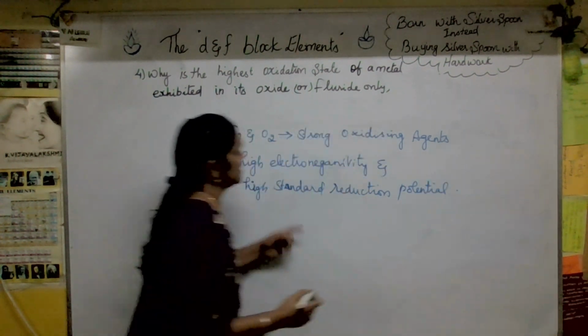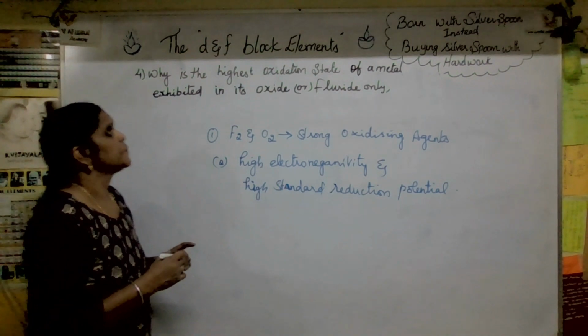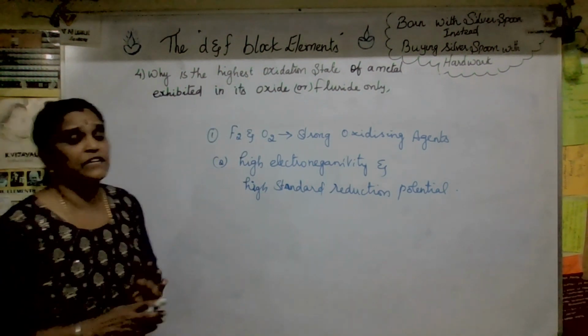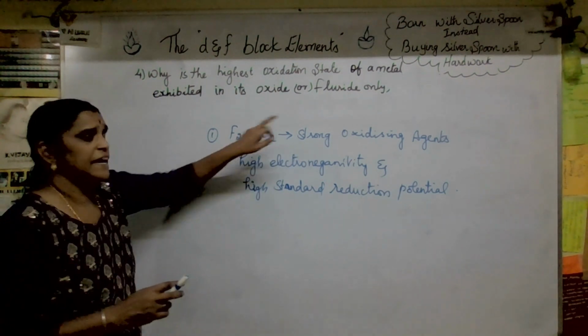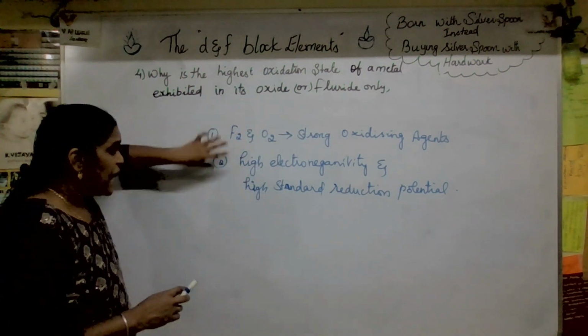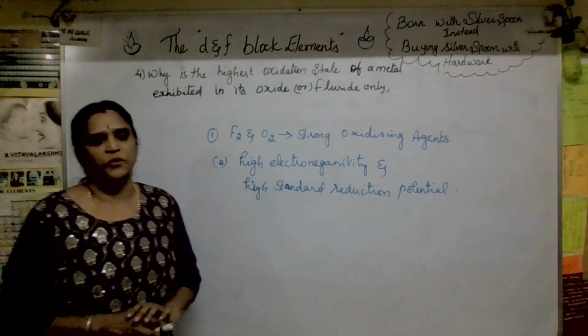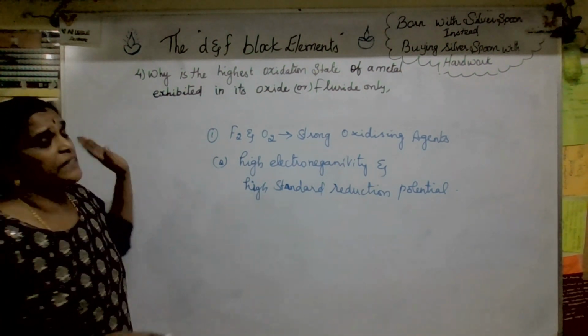So these are the reasons for that. A metal exhibits its highest oxidation state in oxides and fluorides only, because one thing, they are strong oxidizing agents, and due to high electronegativity and high standard reduction potential. Hope you're clear with these questions.